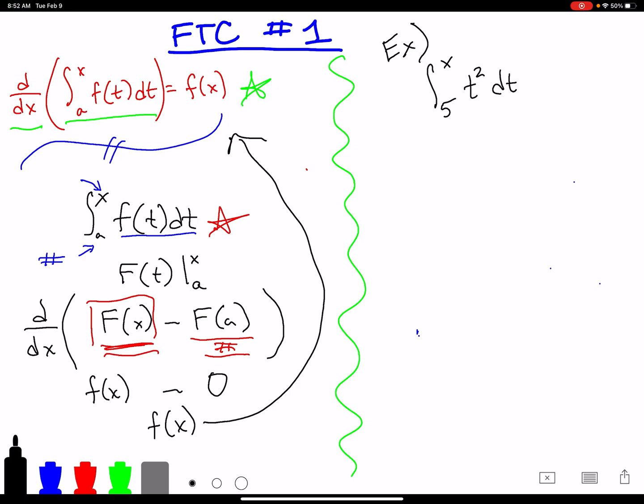And I want to find the derivative of this with respect to x. Let's deal with what's in our parentheses first. When I evaluate this, I'm going to have my antiderivative of the function t, and then I'm going from 5 to x.